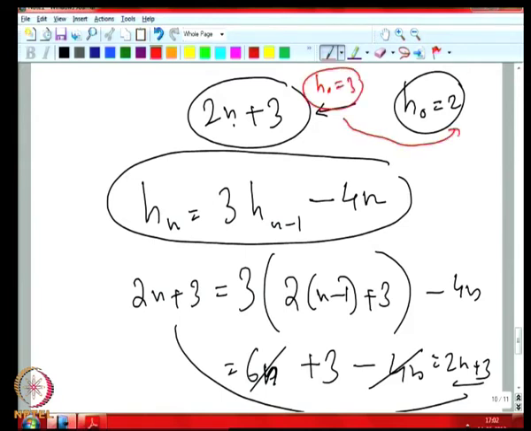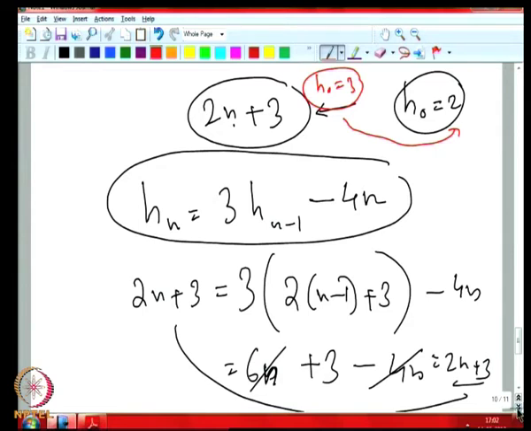What will we do? This particular solution is indeed valid for the recurrence relation, but it is not satisfying the initial condition, and we do not have anything to tune, because there is no constant which we can select according to our requirement.